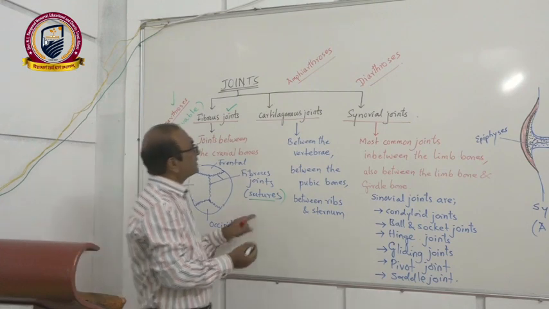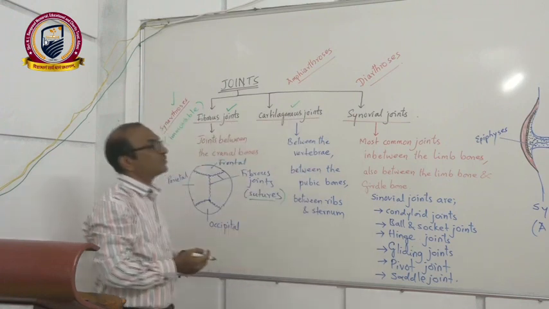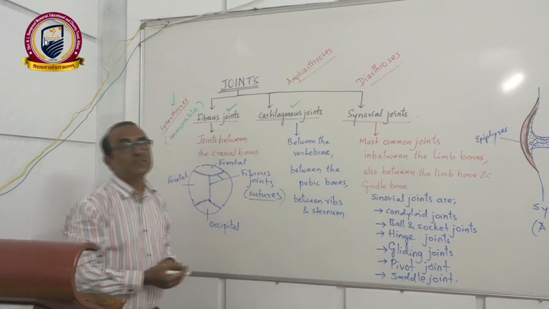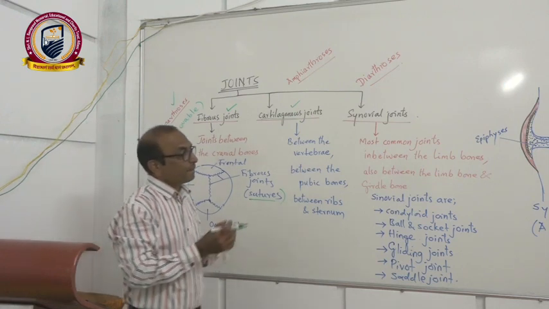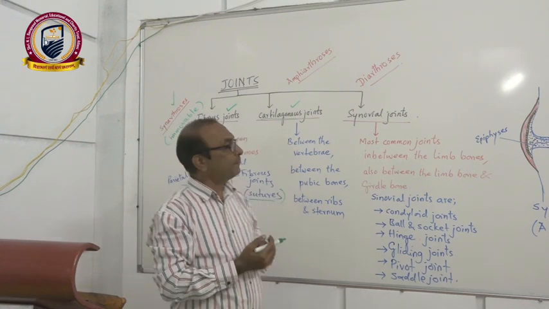Okay. Now let us take up the next type of the joints, cartilaginous joints. Cartilaginous joints, again the name indicates that here cartilage is being used. So there is a cartilage between the two bones, joining them together.